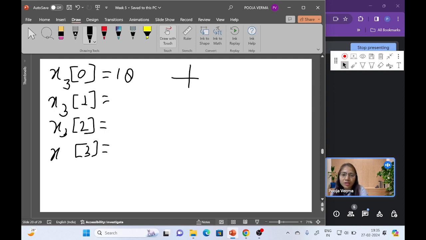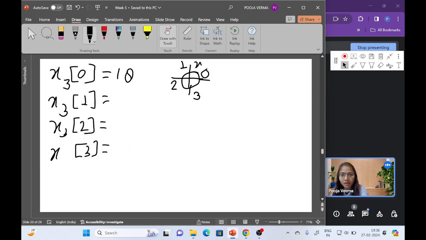So I am writing here so that we can calculate easily. x1 of n, here 0, 1, 2 and 3.